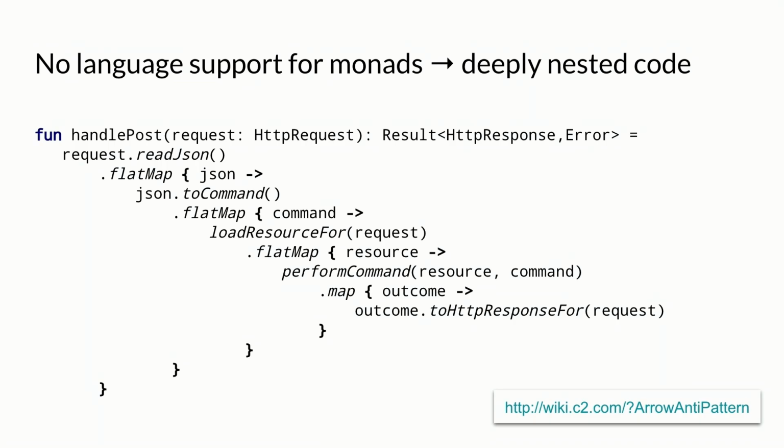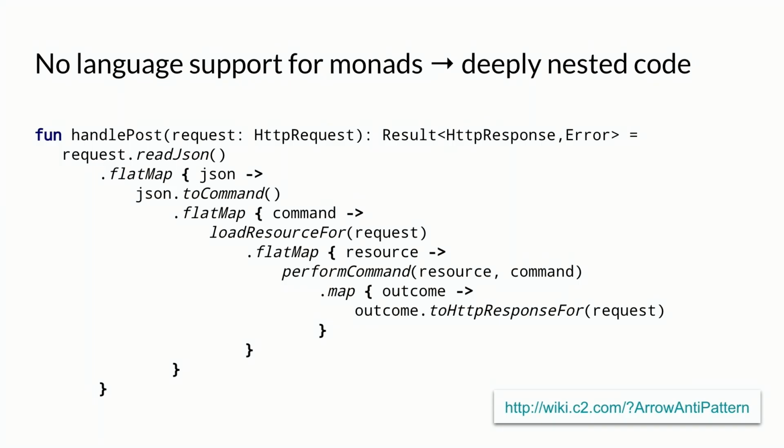However, once you start writing code like this, where you have a pipeline of fallible functions passing values through flatMap, and you want later parts of the pipeline to be able to refer to values computed earlier in the pipeline, you end up with quite unreadable code with this deep nesting called the arrow anti-pattern, ironically.